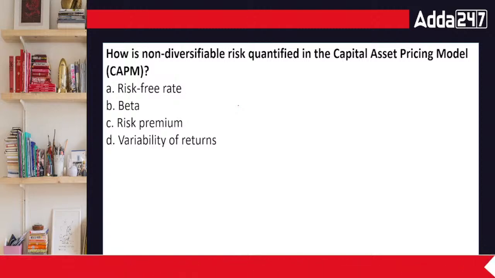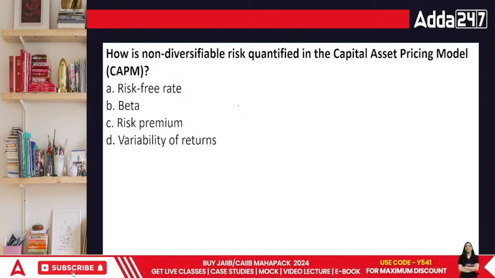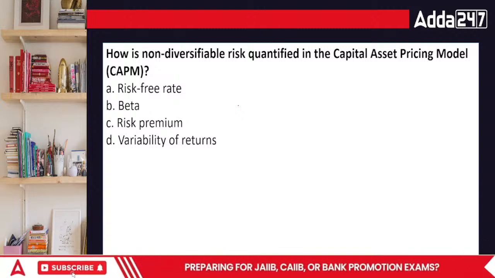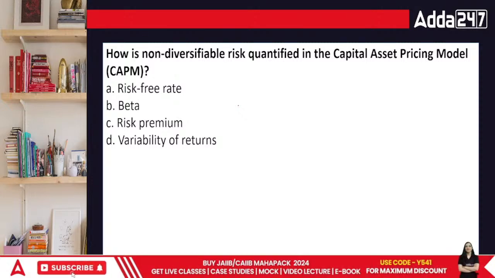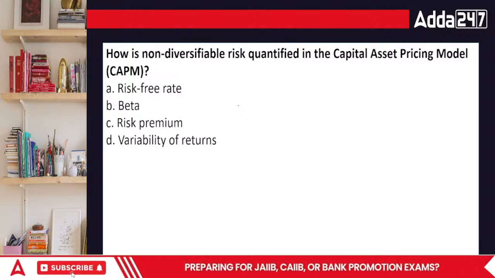There comes the CAPM model, everyone. How is non-diversifiable risk, that risk which cannot be diversified, quantified in the capital asset pricing model? How do we do that? When we talk about the risk-free rate, we talked about this.